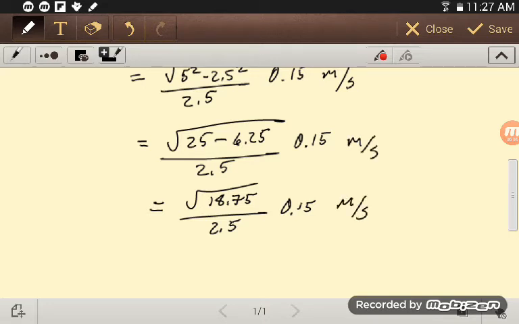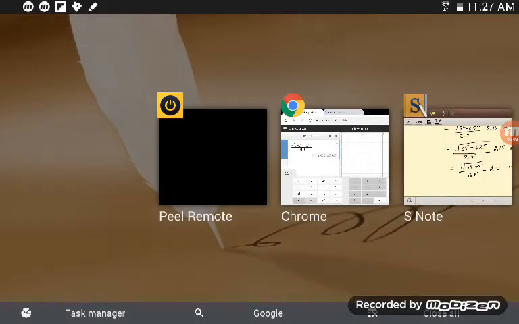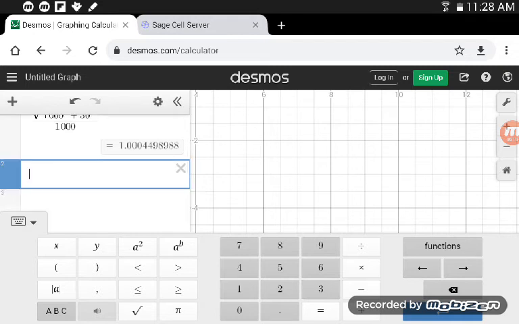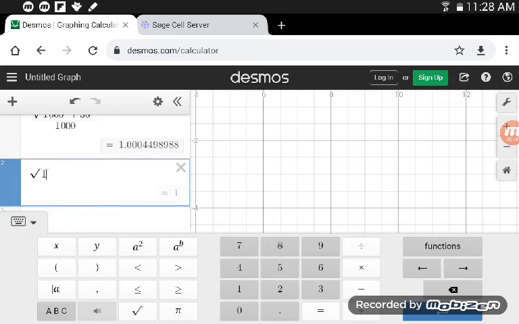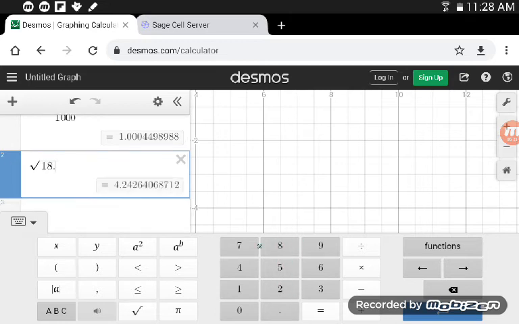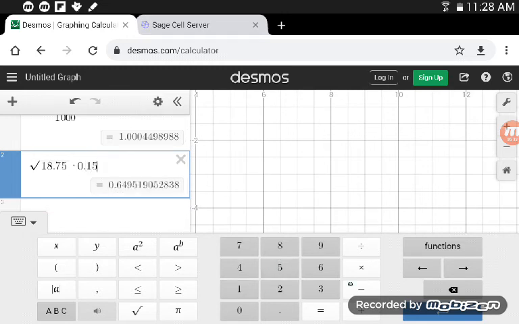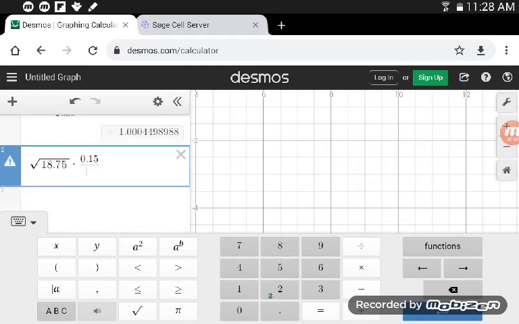Okay, well, again, I think I have decimals here that I can go to. So we have the square root of 18.75 times 0.15, and then divided by 2.5.